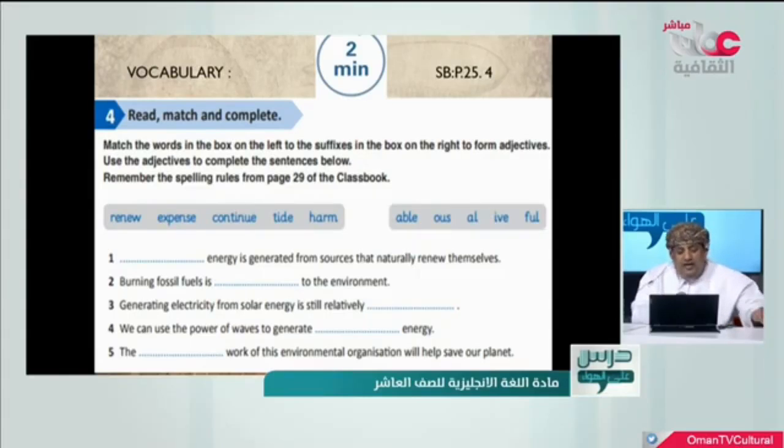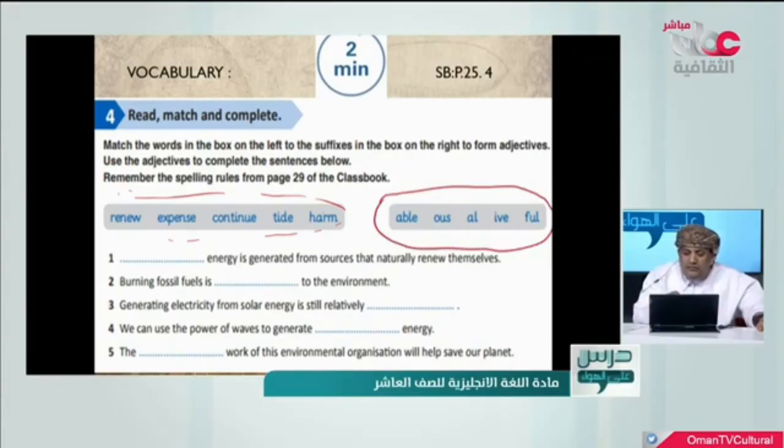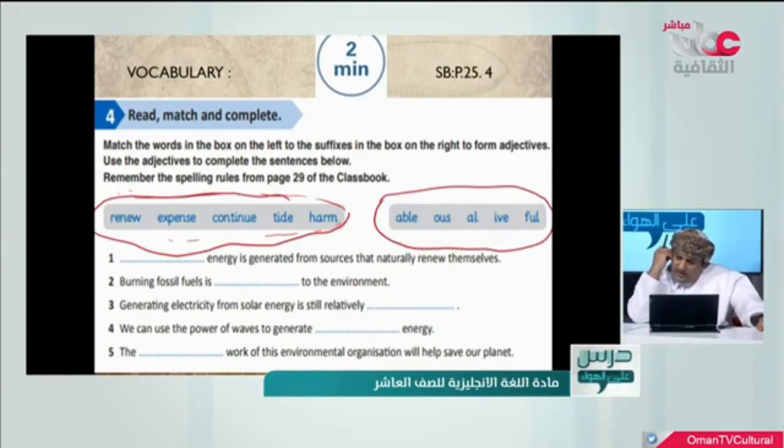Okay, we have here the first part of your word, and here we have the second part. I want you to use the first part from here and complete it with the word with the suffix on the right side.